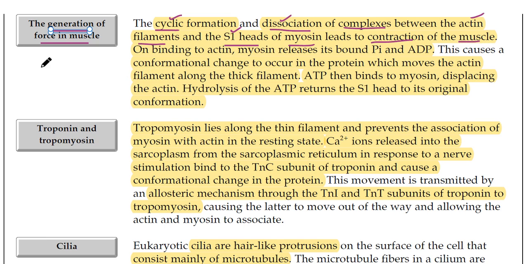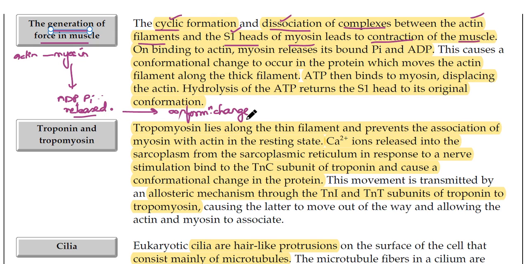When actin binds with myosin, myosin releases its bound ADP and Pi. When this ADP and Pi are released, there is a conformational change. What happens after this change?